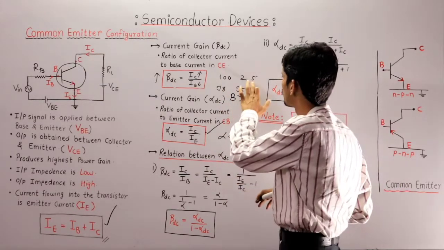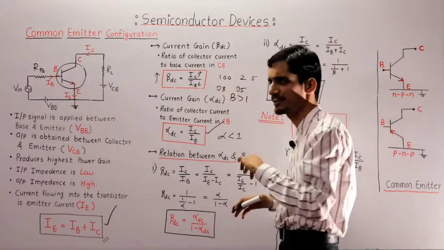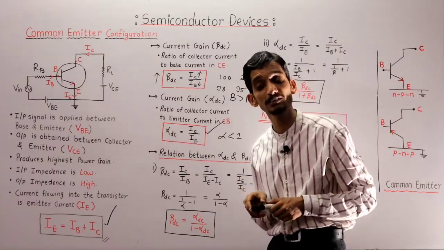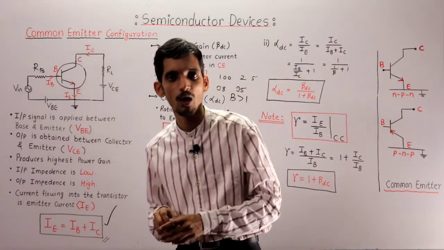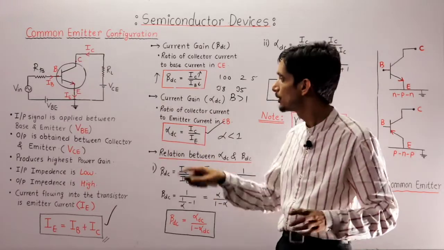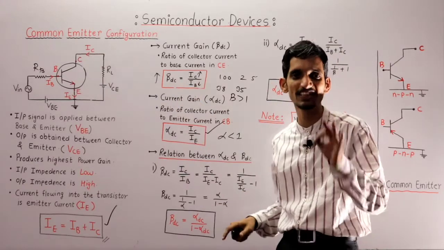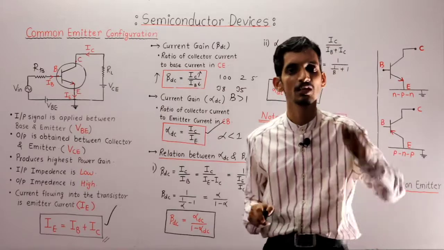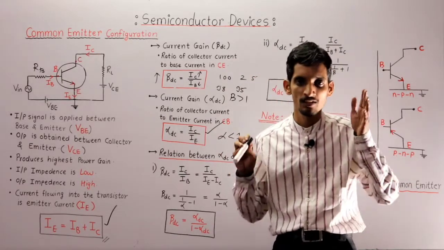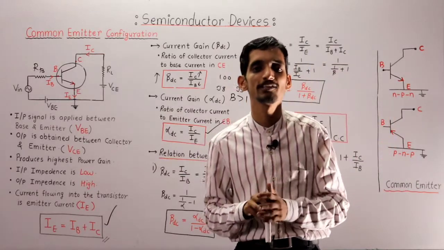Suppose 5 electrons recombine, so 95 upon 100 is also less than 1. It means alpha, which is the common base current gain, is always less than 1, and the common emitter current gain beta is always greater than 1. Increasing beta means decreasing the base current, or decreasing the recombination inside the base.